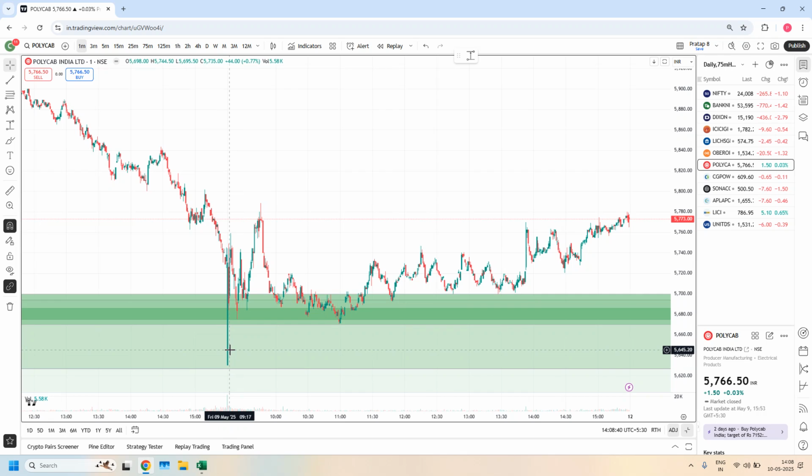At that time, the software algorithm will slightly slip and it may execute that trade, because it is just like a market order, not a limit order. These are the disadvantages of market orders, especially in the morning trading session.